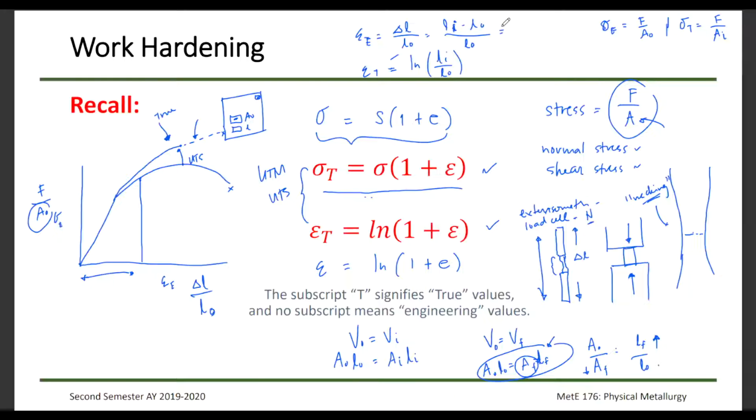That's how we express this, and we can actually convert this now. If you look at it, if we rearrange this, it becomes Li over L naught minus 1. So this becomes 1 plus epsilon E is equal to Li over L naught, and therefore you can substitute this Li over L naught.